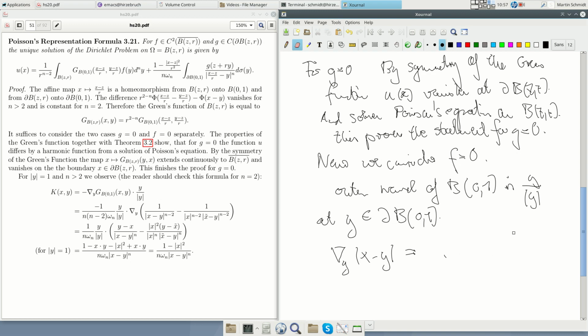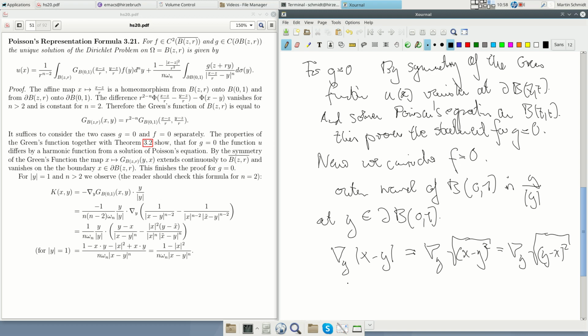So this is the gradient of the square root of x minus y squared, of course multiplied as a scalar product of the vector with itself. And this is, of course, the gradient of the square root of y minus x squared.